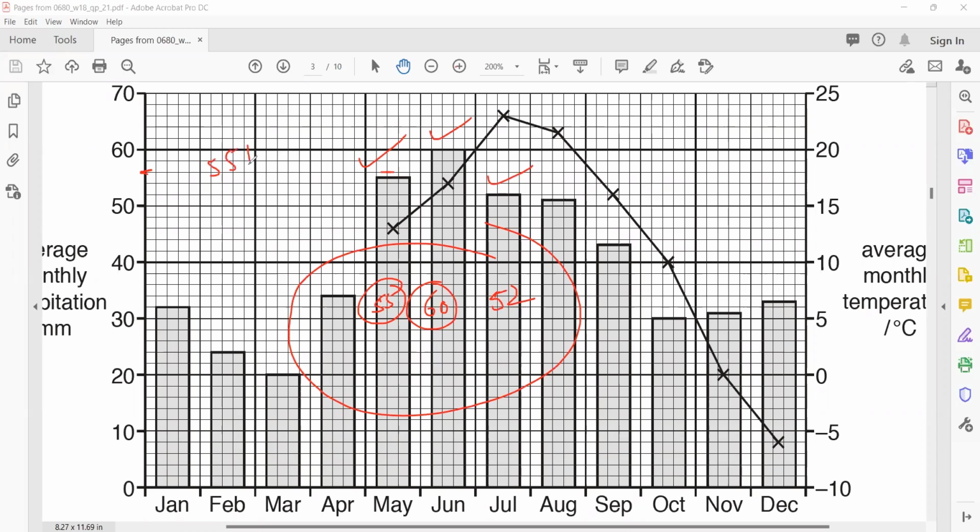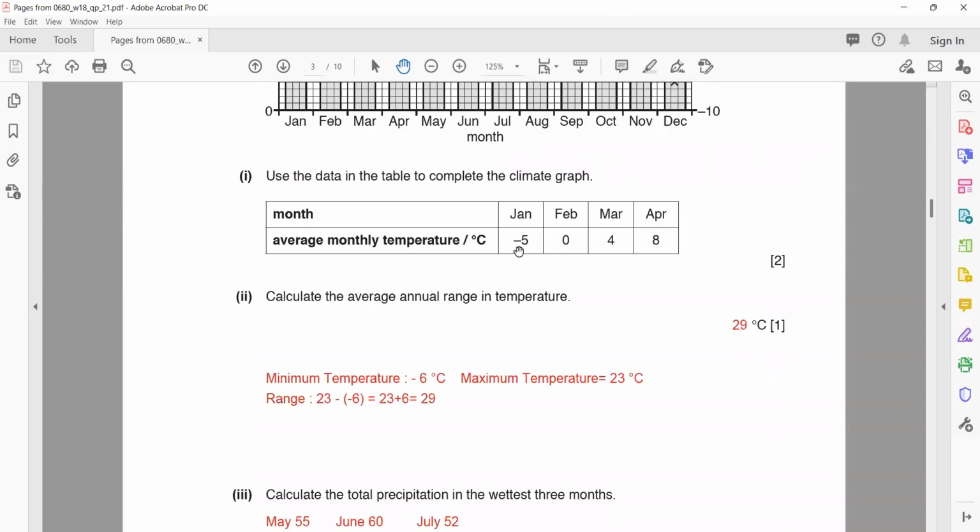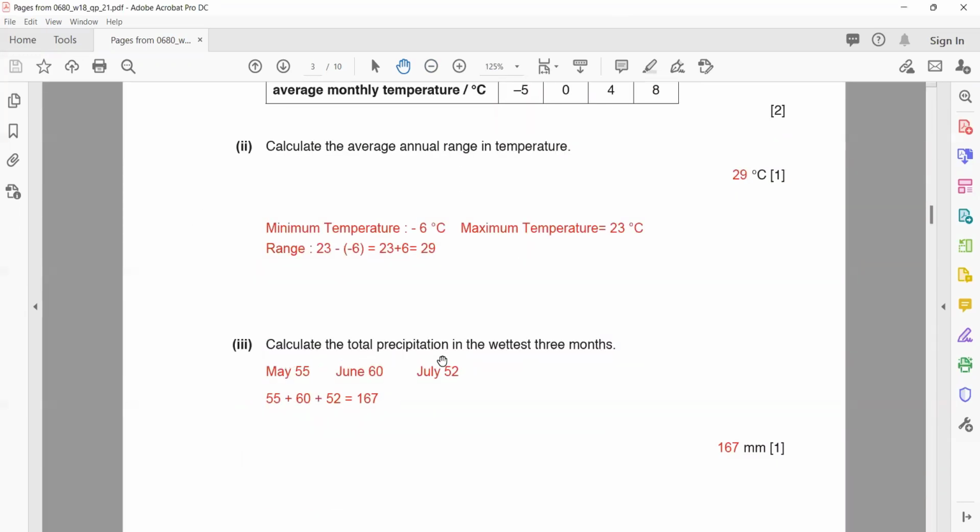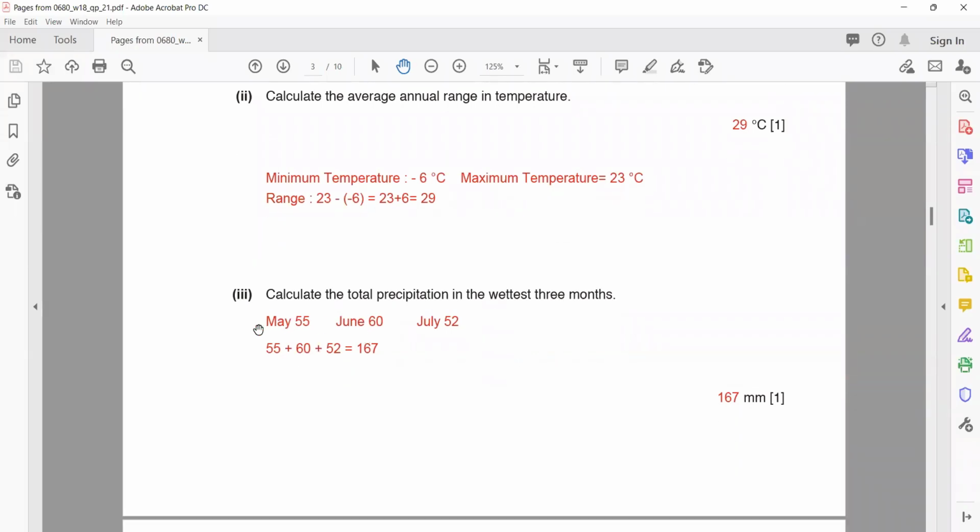So it will be 55 plus 60 plus 52, which is 167 millimeters. Got it? Here: calculate the total precipitation in the wettest 3 months. May 55, June 60, July 52. You add them, it will be 167.